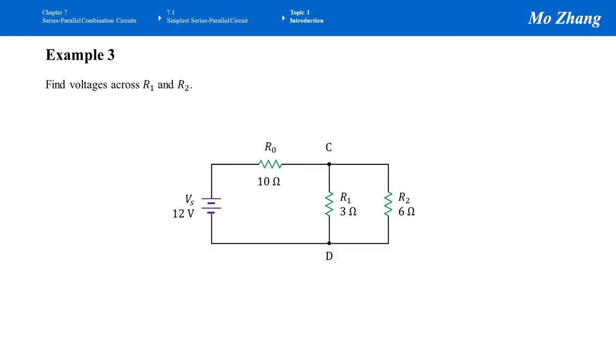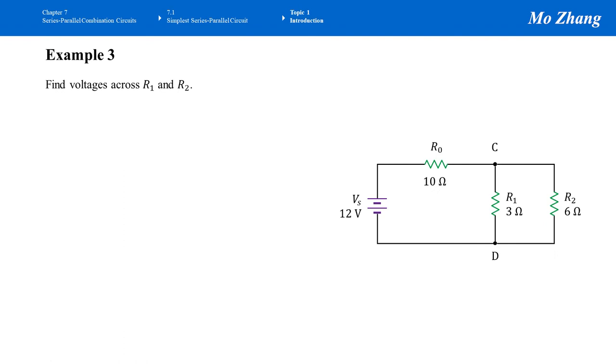Such as example 3, let's find the voltage drops on resistor R0. So put the circuit to the side, and we know IT equals to 1 amp. We calculate this in example 2. Since that 1 amp current passed through R0, we can apply Ohm's law to find the voltage drops on R0.